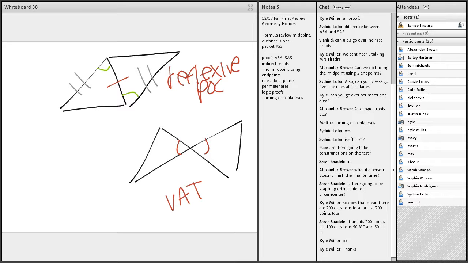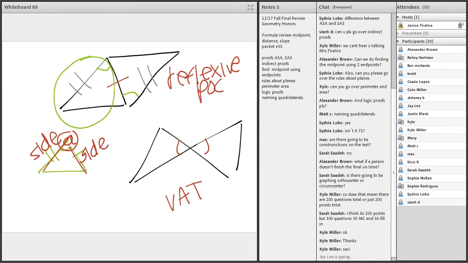So from this picture, the top picture, if you look at it and if you break it apart, you notice there's a tick mark, an angle mark, and a tick mark. So if you count, this is a side, and the middle is the angle, and then this other one is a side. That means you have two S's.